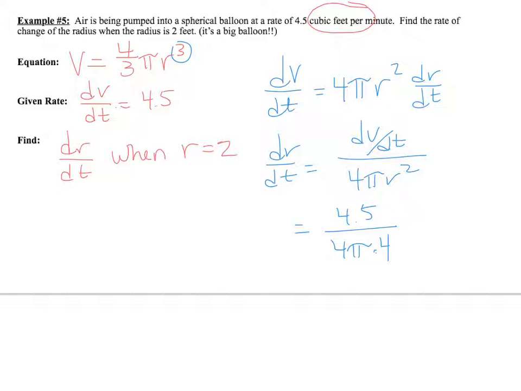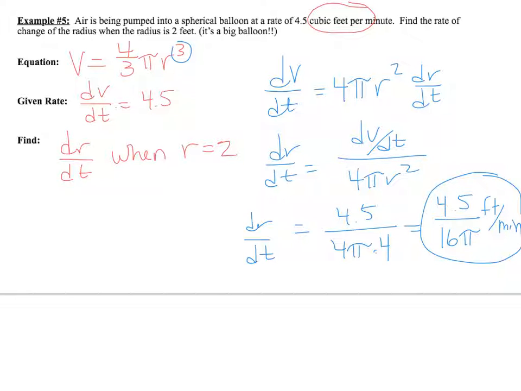So that would be 4.5 over 16 pi as my dr/dt. Specifically, this is going to be in feet per minute, because r is measured in feet and the rate of change is per minute. So 4.5 over 16 pi feet per minute is my dr/dt value.